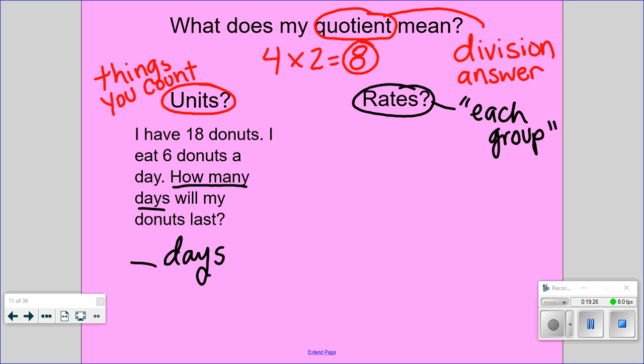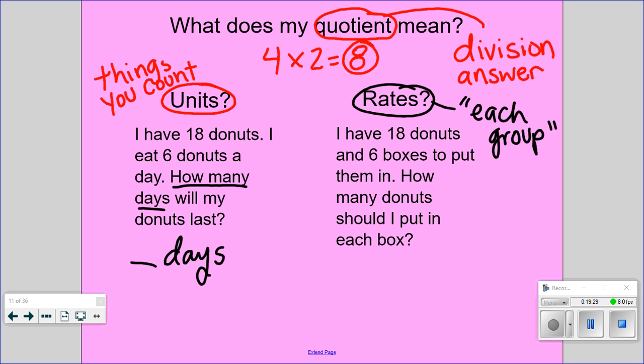So for instance, I might see this problem. I have 18 donuts and 6 boxes to put them in. How many donuts should I put in each box? If I look really closely at that answer, my answer sentence is going to say donuts in each box.